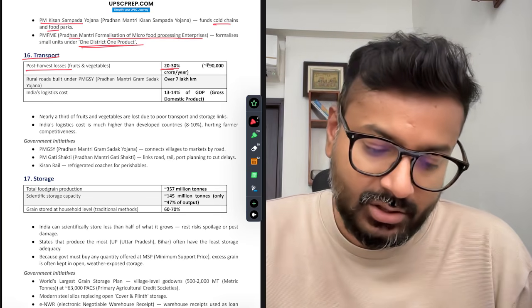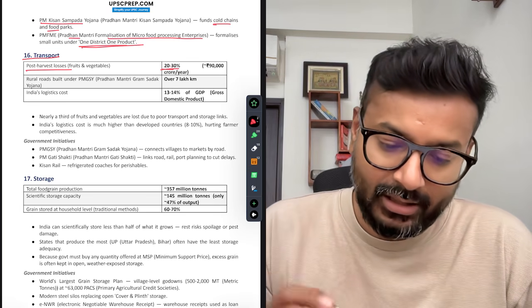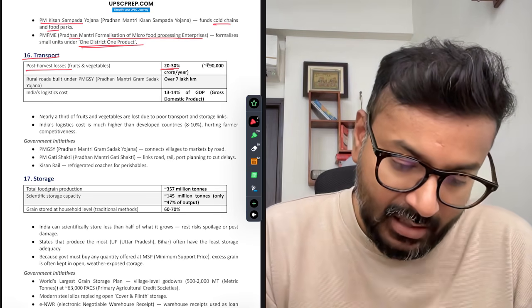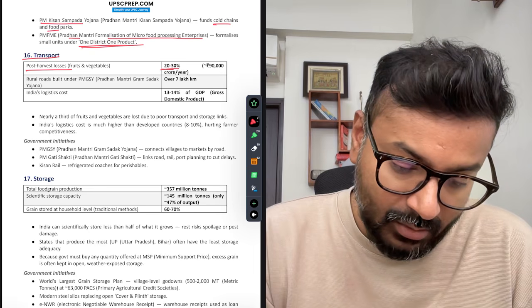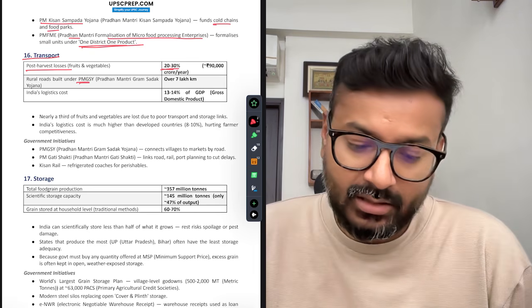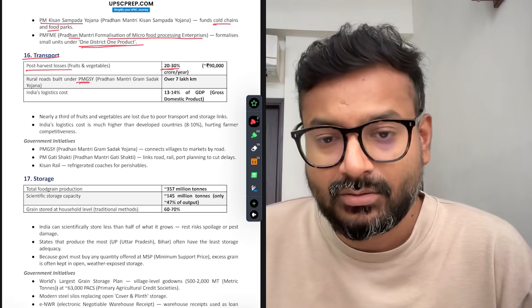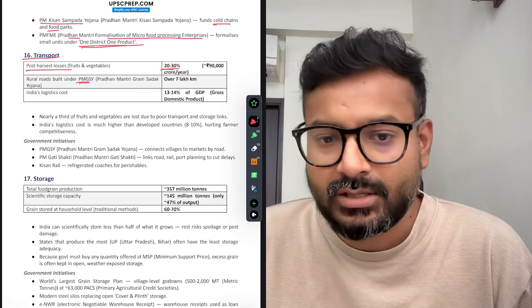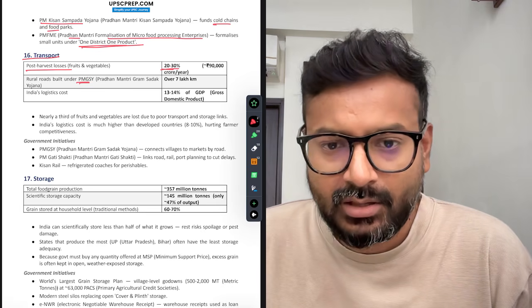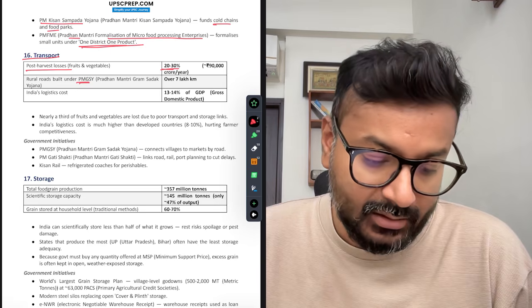We are not able to ensure that, and are losing 20 to 30% of the value. The total roads built under Pradhan Mantri Gram Sadak Yojana is over 7 lakh kilometers. So now most of the villages are connected with pakka roads to the market. So that is a good thing.